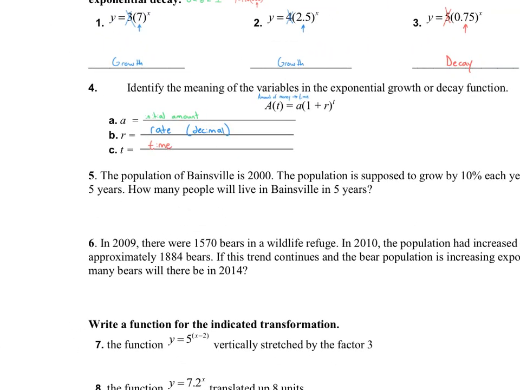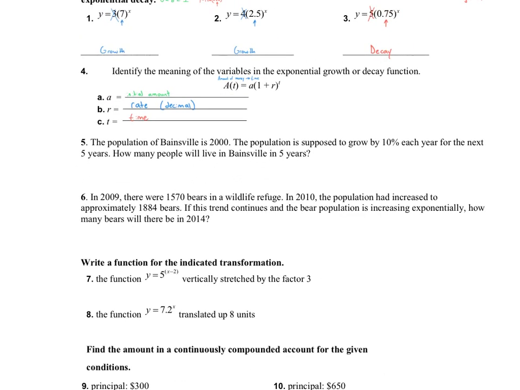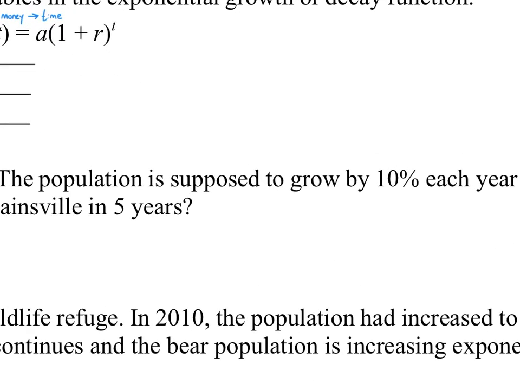And we can use this not only for investing money, but for regular old exponential growth and decay situations like this, where it says the population of Baynesville is 2,000. The population is supposed to grow by 10% each year for the next 5 years. How many people will live in Baynesville in 5 years? Well, we've got the amount depending on the time.